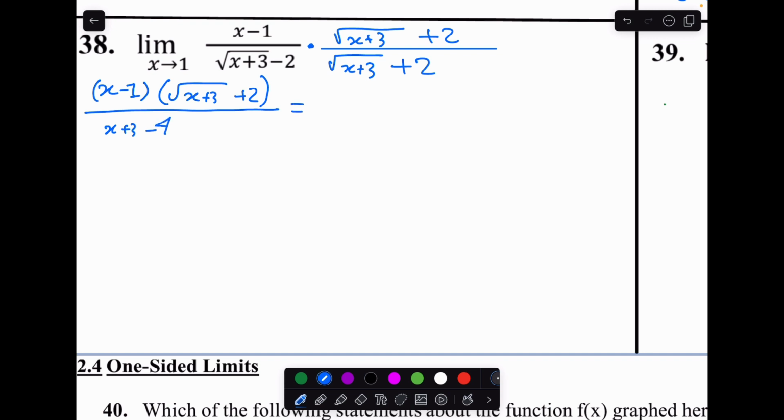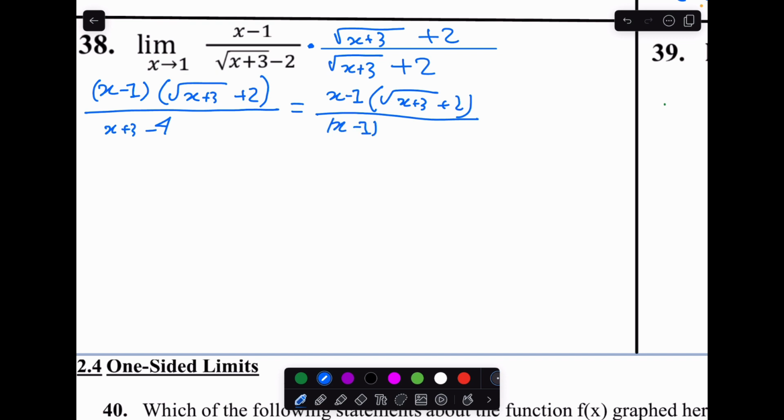This is equal to x minus 1 multiplied by square root of x plus 3 plus 2 over x plus 3 minus 4, which is x minus 1.